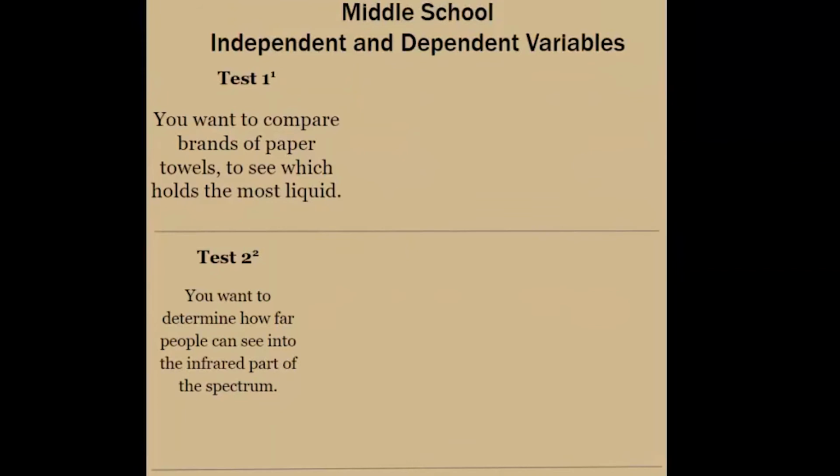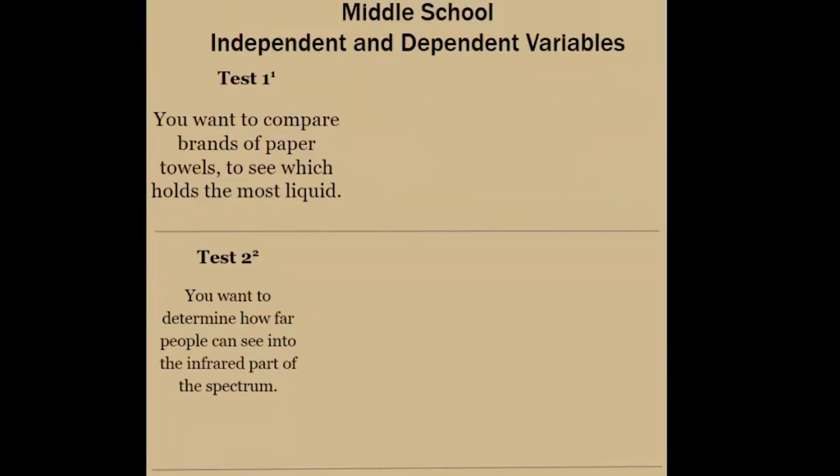But before we even talk about that, that's one test that they came up with. Someone may say, well, I want to see how much weight it's going to hold when it's wet. So these are all things you could do differently with middle school level kids. But this is the one: compare the brands of paper towel to see which holds the most liquid.